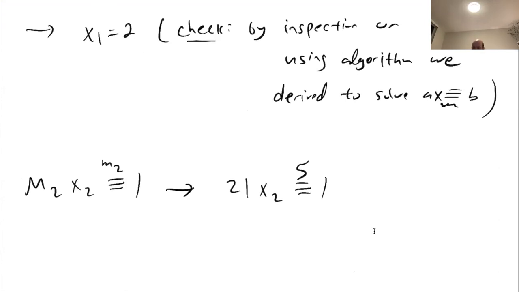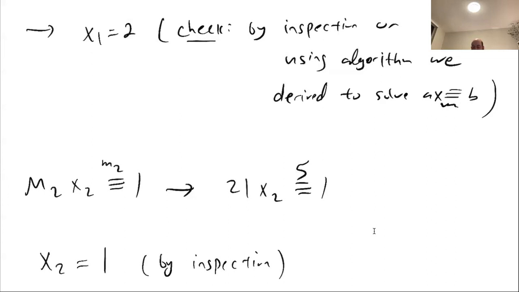Now, how much is this number? Again, by inspection, we can guess. We can use X2 equals 1. 21 times 1 is 21 itself, which is 1 mod 5, because 5 divides the difference between 21 and 1.